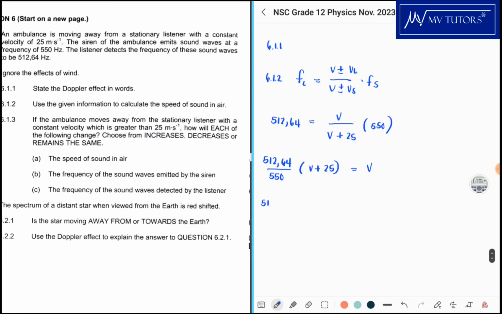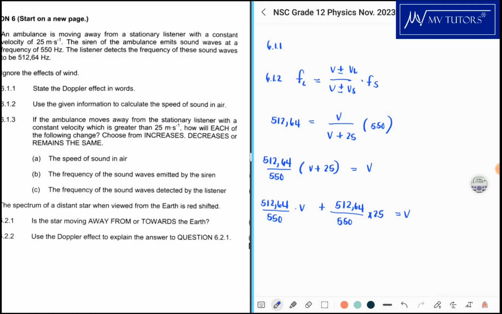So we have 512,64 divided by 550 times V plus 512,64 divided by 550 times 25 is equal to V.